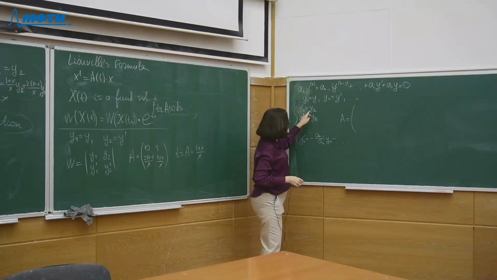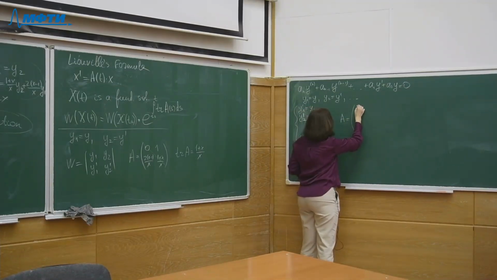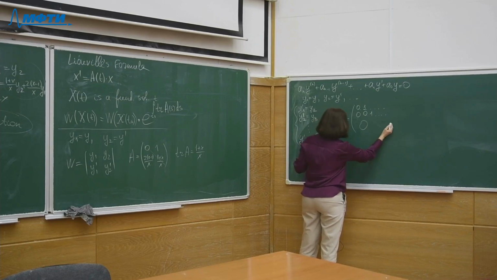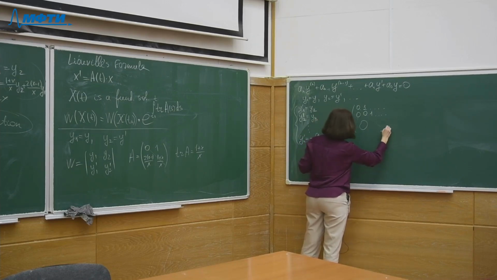Matrix A now is 0, 1, and so on, 0, 1, and zeros. So zeros on the main diagonal, and the last entry will be minus a_{n-1} over a_n.